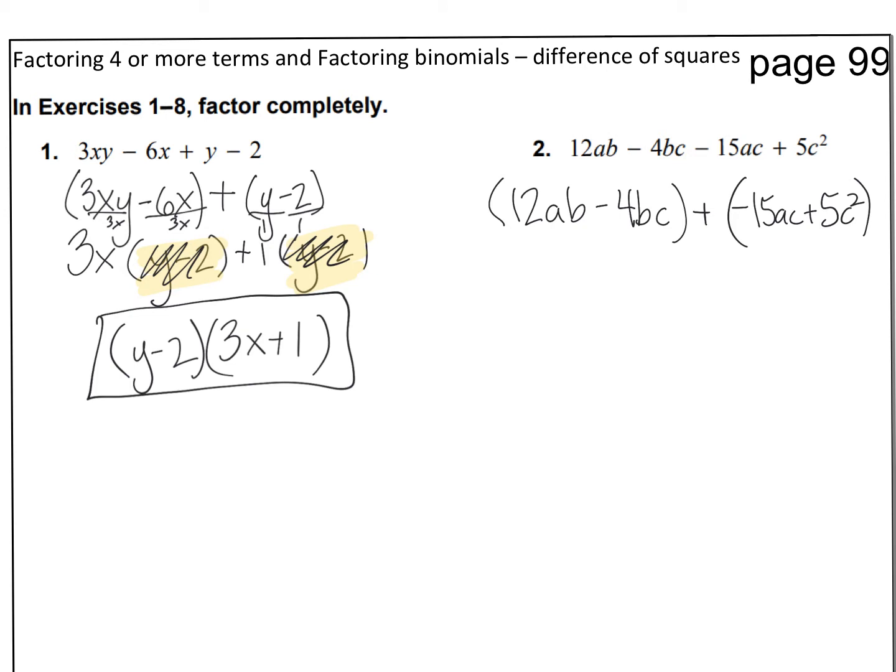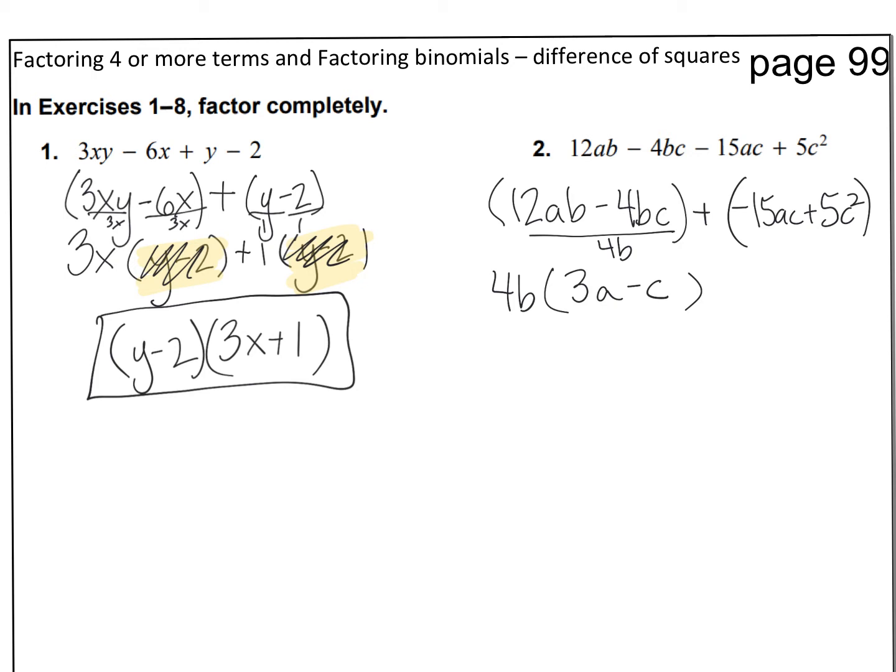In my first group, it looks like 4b is my greatest common factor. So we'll divide both of these by 4b, and they would have 3a minus c as what's left in the parentheses.